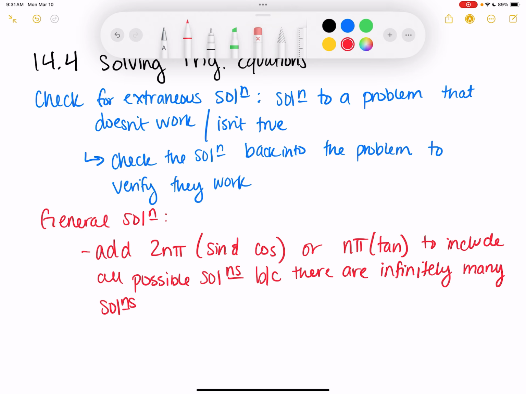So 2 pi is a full rotation, and n just says how many times it goes around, and n pi is not a full rotation, it's just a half. Okay, but that is true, but why would it be different for sine and cosine versus for tangent? Because tangent is equal to sine over cosine. Think about your unit circle.